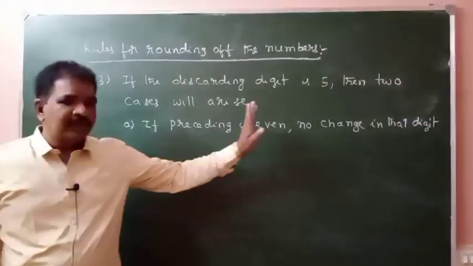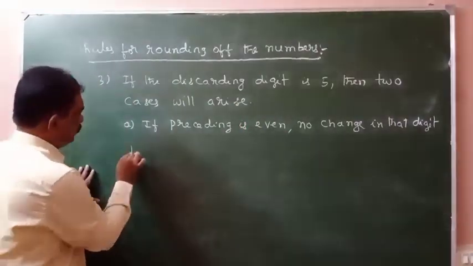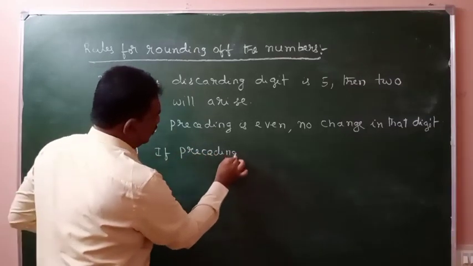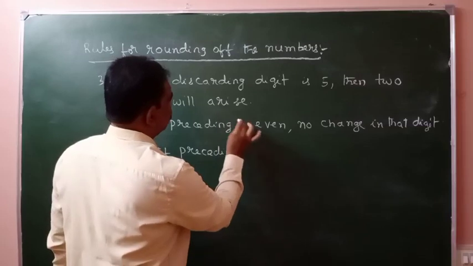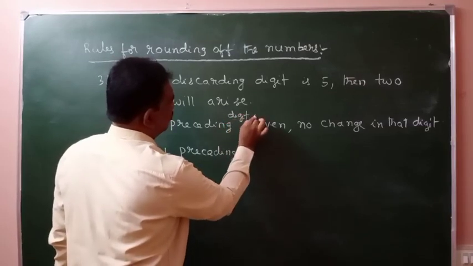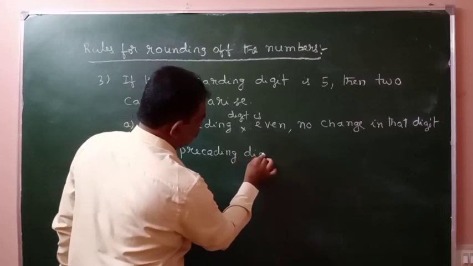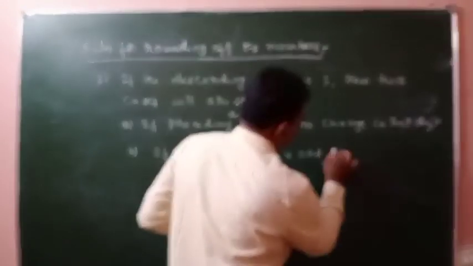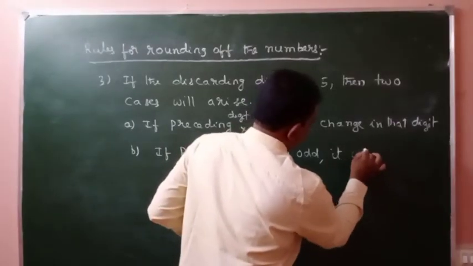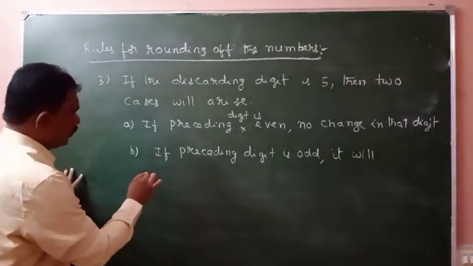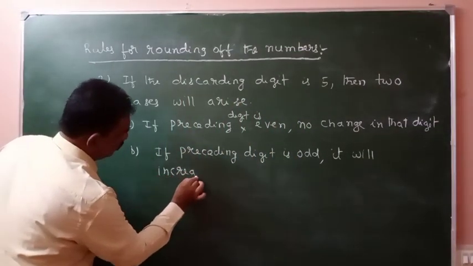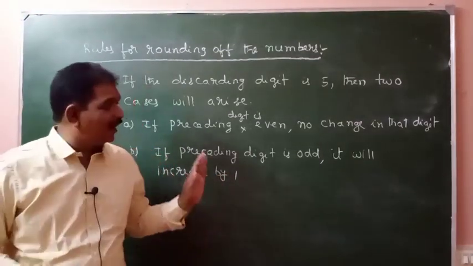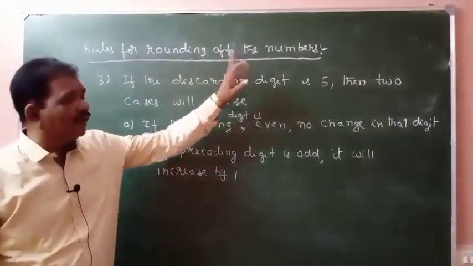Preceding digit is even, no change in that digit. If the preceding digit is odd, it will increase by 1. So these are the rules for rounding off the numbers.